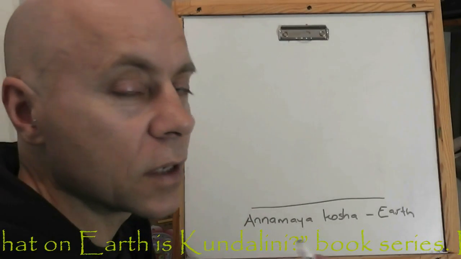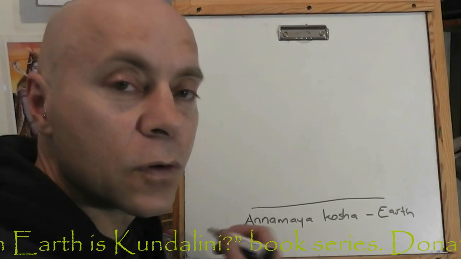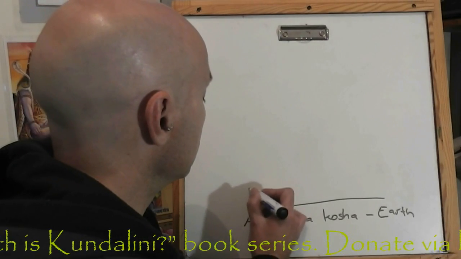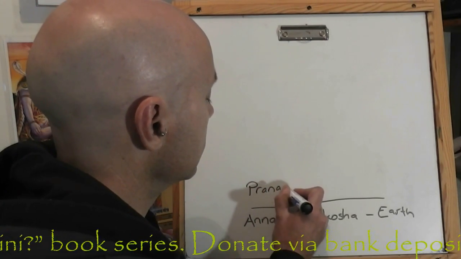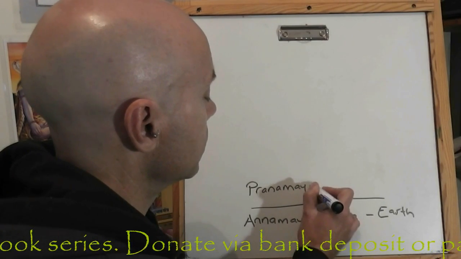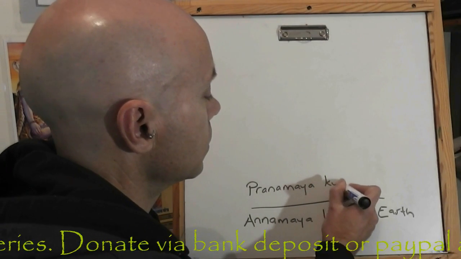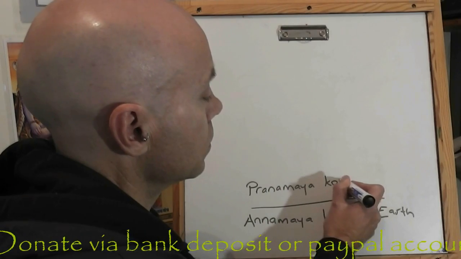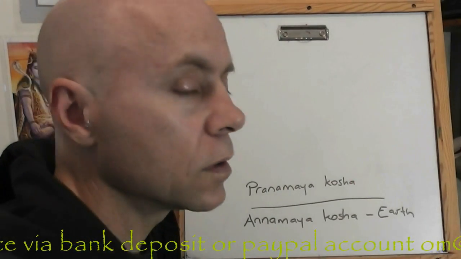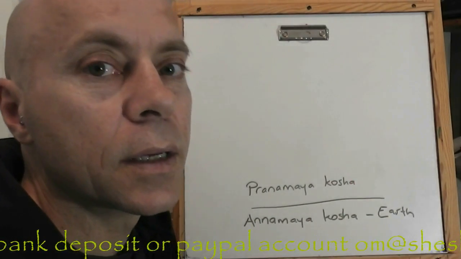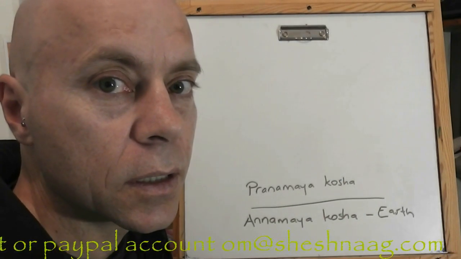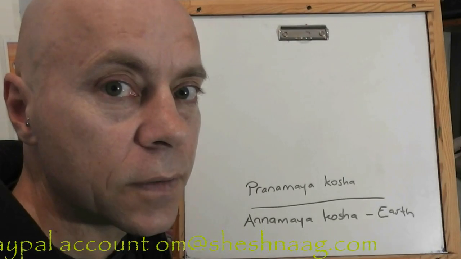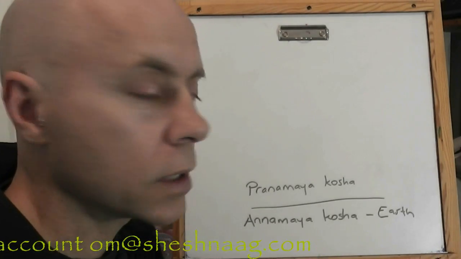The next one is the energetic one, which is called the Pranamaya Kosha. Has to do with energy, moving energy, physiology, and also water.